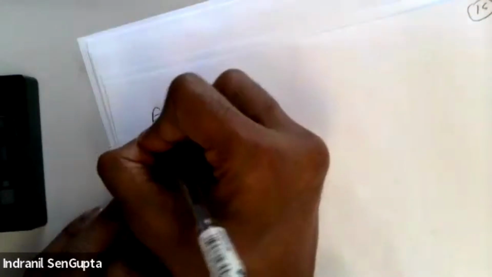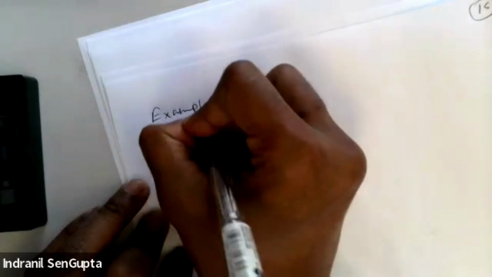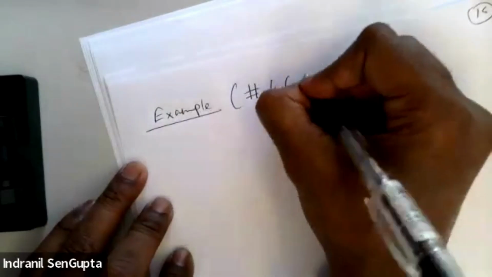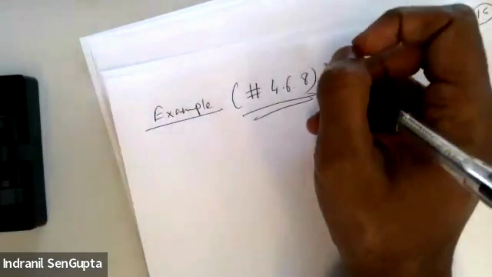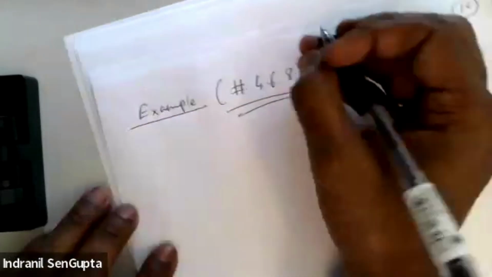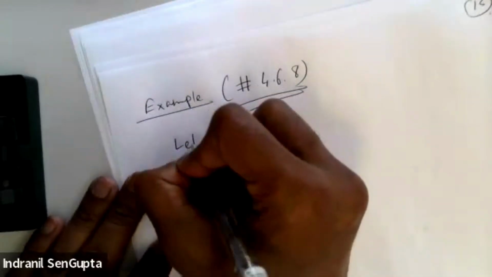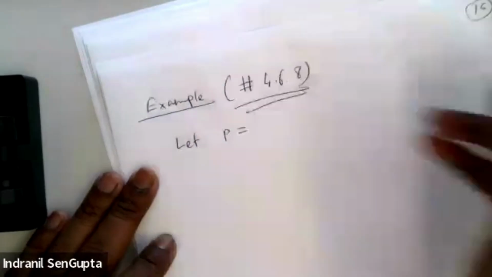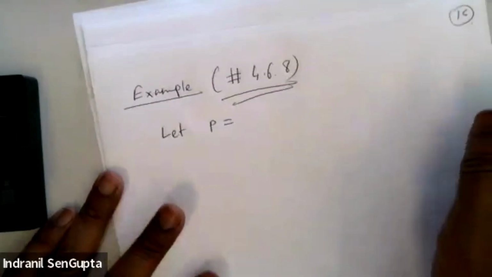And this is problem number 4.6.8, I believe. So here's an example, number 4.6.8. It goes like this. I'll not solve the entire problem, but I'll solve part of it.